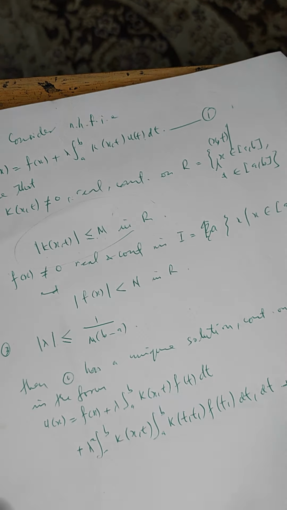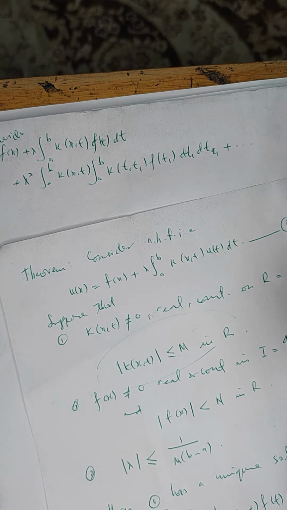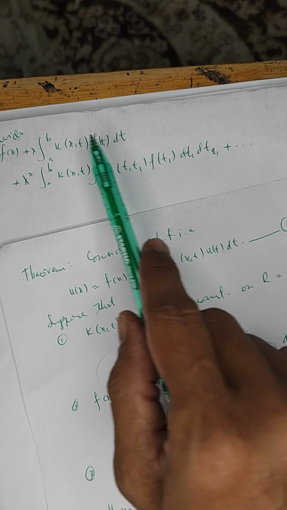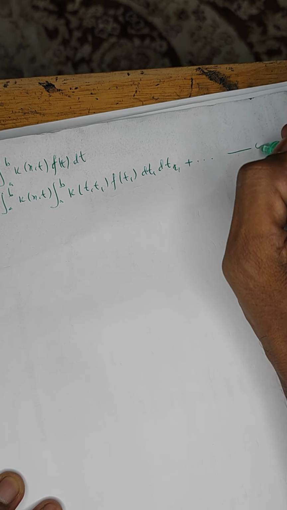If you put it here, you can see this is continuous, this is continuous, all of these are continuous. So our series, let me call this series number 4.